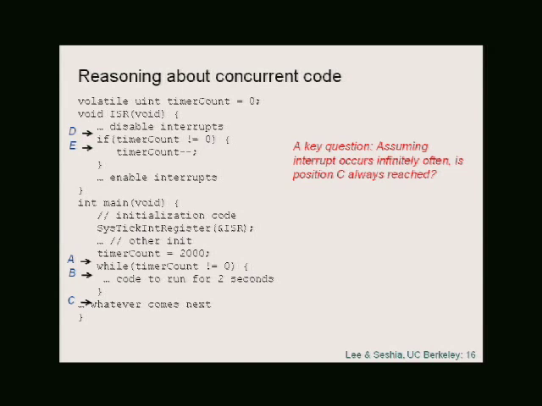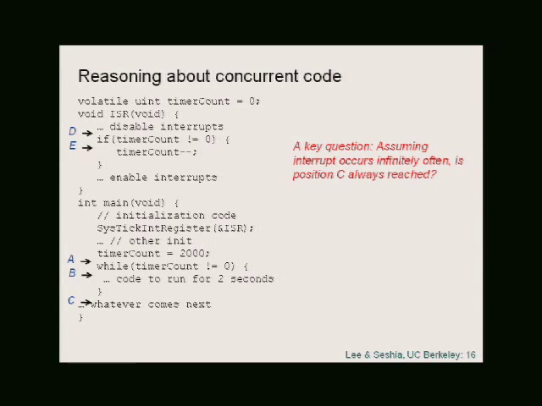That could very well happen when the main function is in the middle of this code, right? So you could end up having this infinite chain of interrupt service routines running, and the code would never get to location C. So it's unlikely, but there is a possibility of that happening.